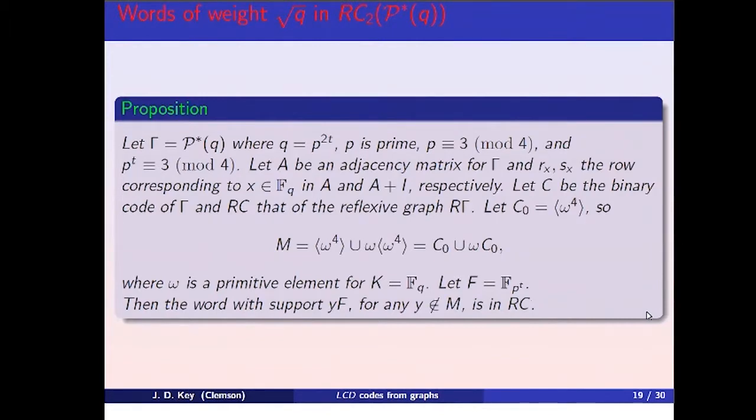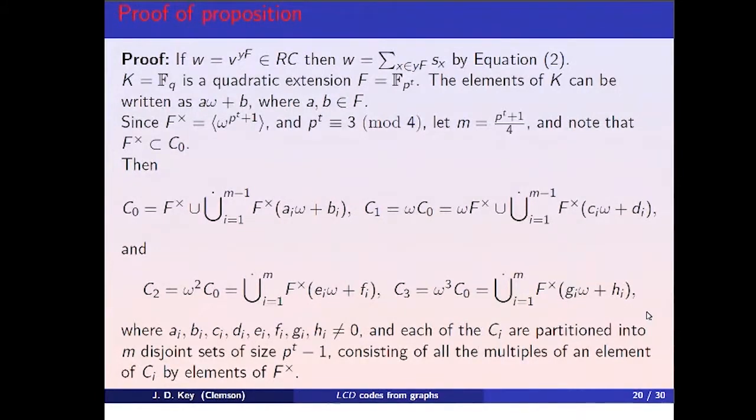I think I won't go totally through how this goes, but just to outline what we did: we used the fact that K is a quadratic extension of F, so the elements of K, which are your vertices, can be written as A omega plus B, where A and B are in F. This isn't always useful, but it's useful in this context.